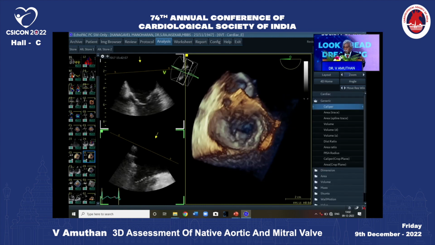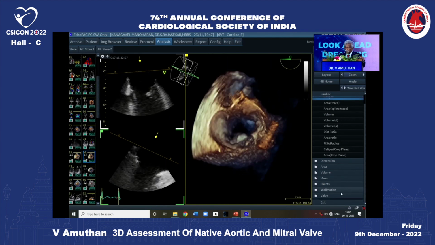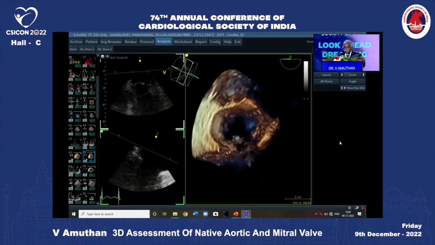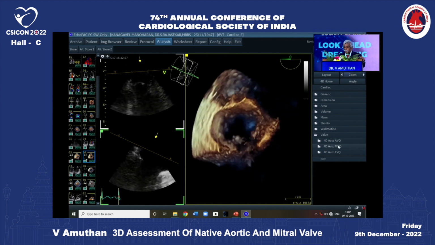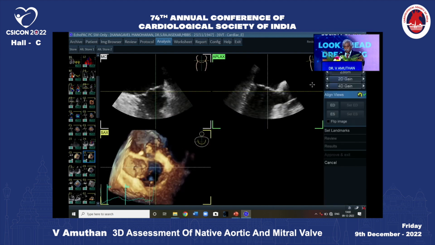you can choose the valve, and you can go for the mitral valve quantification, and this is the mitral valve quantification. These quantifications are very important for the surgeon.